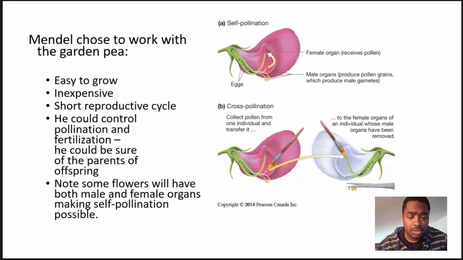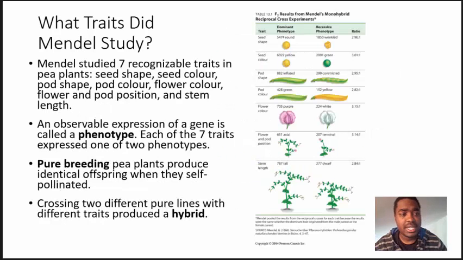What else was interesting about the pea plant was that he looked at 7 traits, and these traits were very binary in most of these cases. A pea plant could either produce green peas or yellow peas, for example. It could produce wrinkled peas or round peas, purple flower petals or white flower petals.